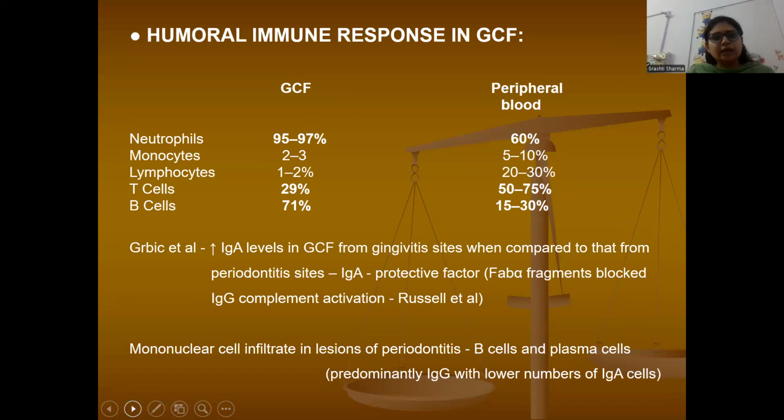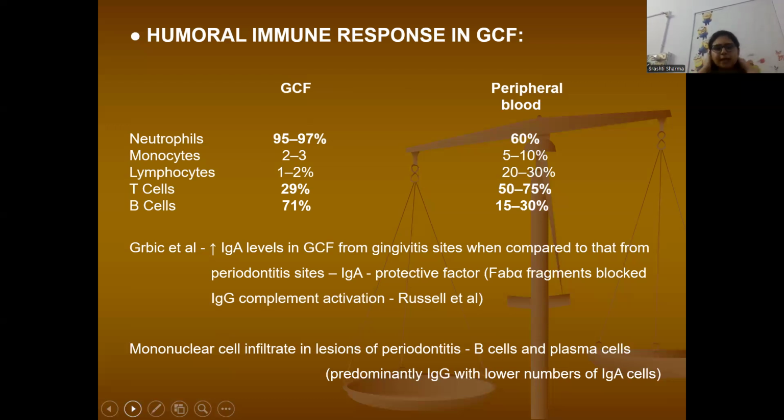T cells 29% in GCF, while 50 to 75% in peripheral blood. B cells 71% in GCF, while 15 to 30% in peripheral blood.